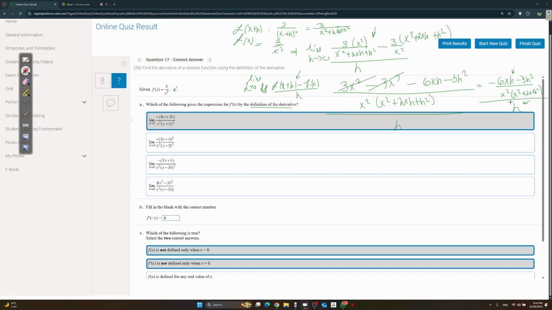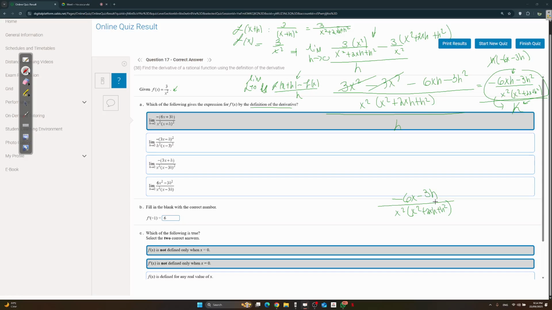Yeah, of course you can, because you're having this fraction divided by this. So you can factor out the h from minus 6xh minus 3h squared. It's going to be h times minus 6x minus 3h. You can now cancel the h with h. So this is going to turn into minus 6x minus 3h, all over x squared plus 2xh plus h squared.